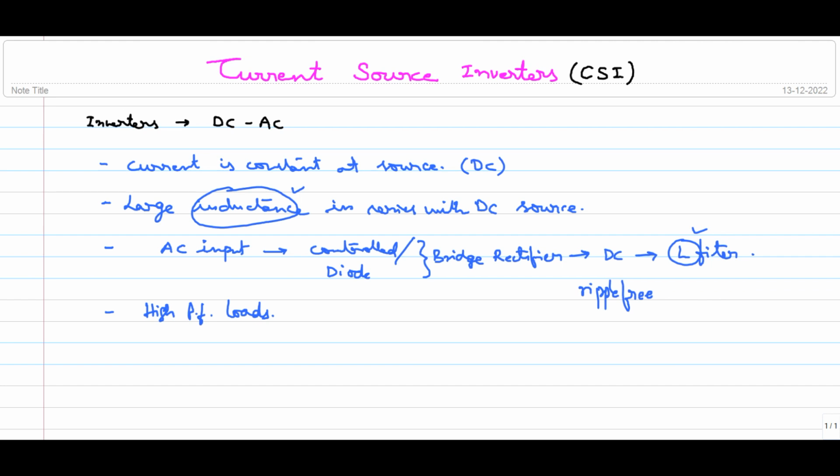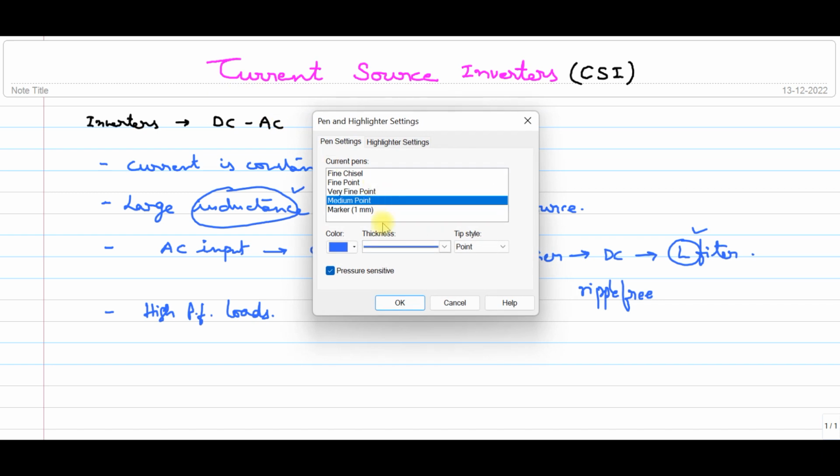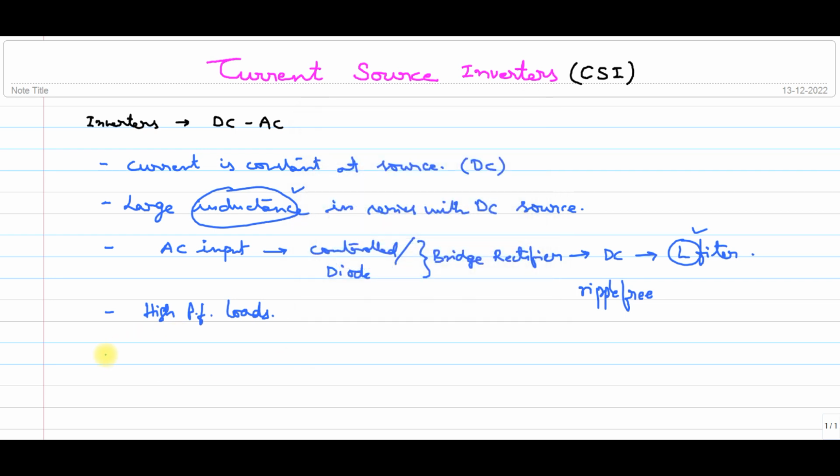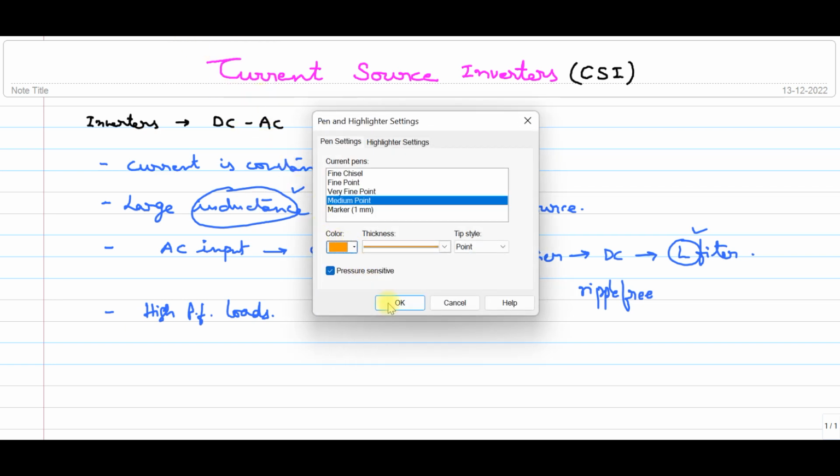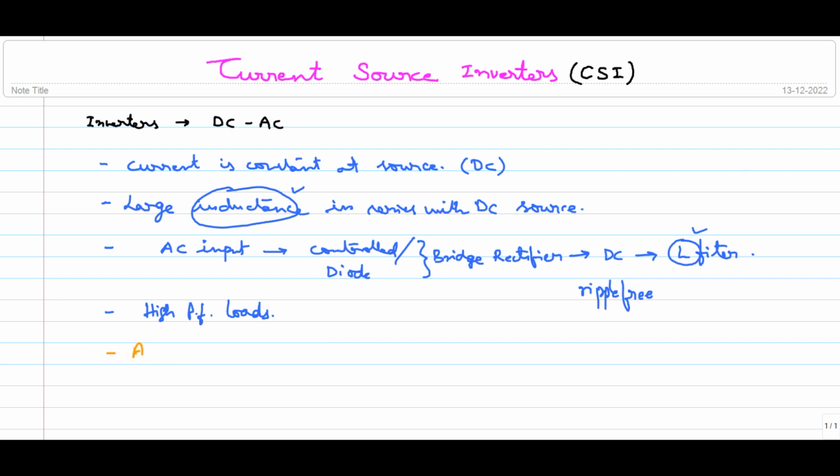What are the different applications of current source inverters? The applications are very many, and we will see the different areas where normal things are unable to work. Since this is a DC to AC converter, it can be used for speed control of AC motors.